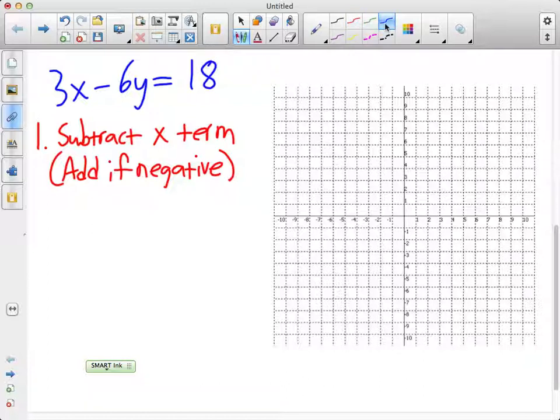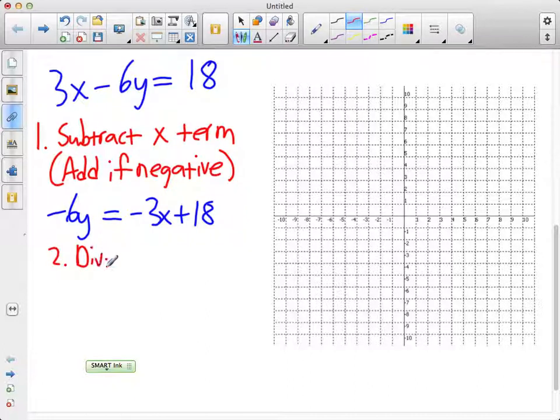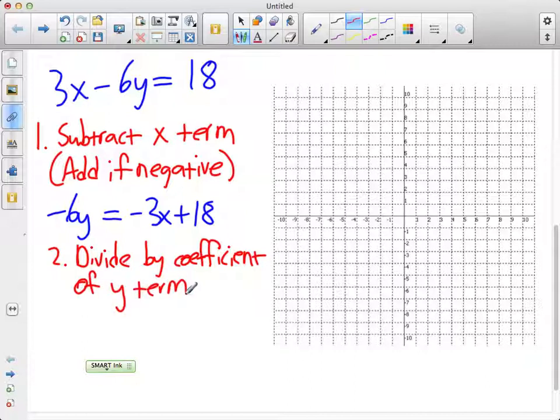So after we subtract 3x from both sides, we get negative 6y equals negative 3x plus 18. And then we divide by the coefficient of the y term. Remember, coefficient is the number in front. So here the coefficient is negative 6.